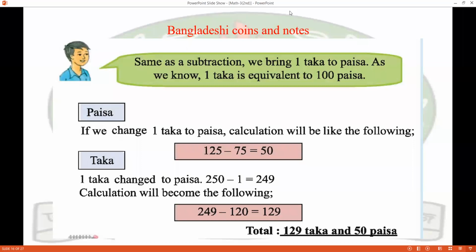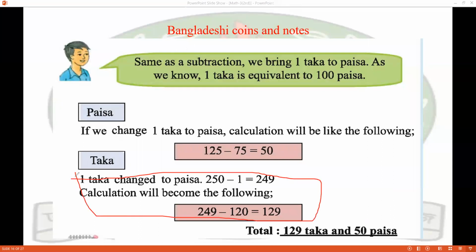This portion you have to calculate in two ways. Another way, at first you subtract the 1 taka from the 250. Then you can subtract. In this way, you can solve it, the two ways.